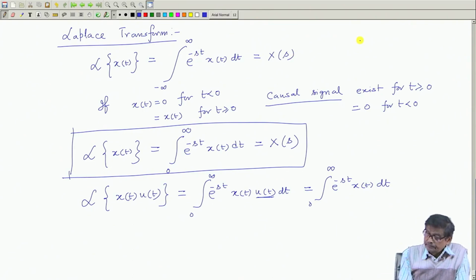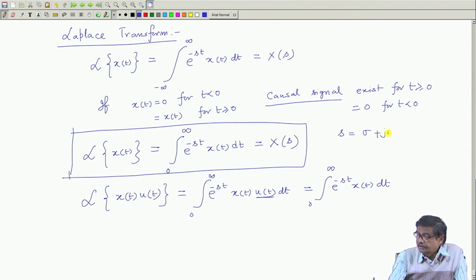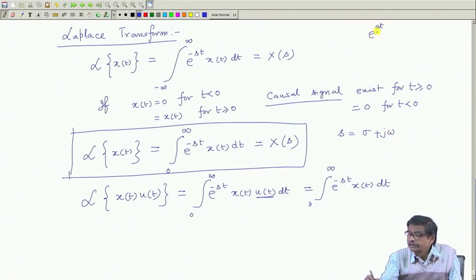This s is called a complex frequency, s equals sigma plus j omega. Mind you, you write e to the power anything. What is the dimension of this a?